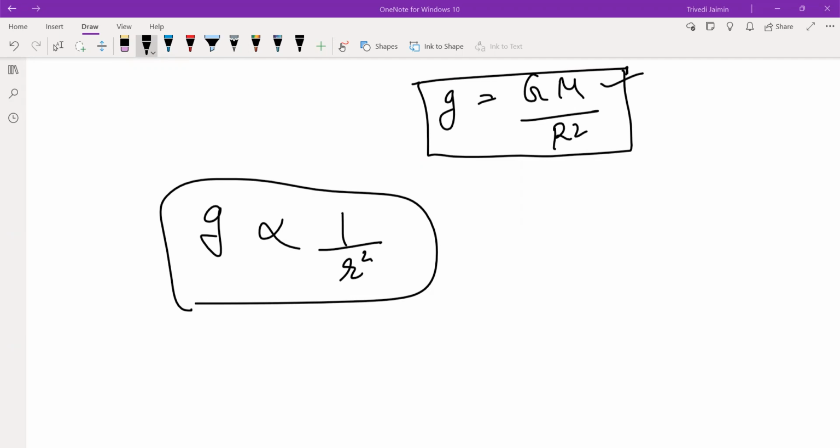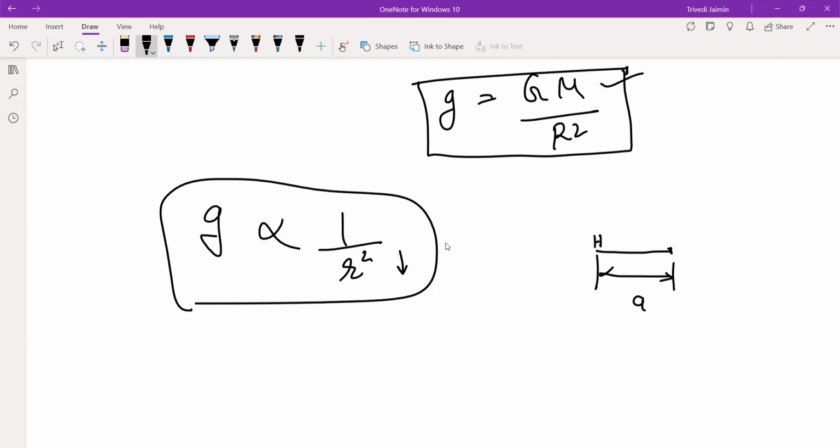Okay. Think again. If this decreases, what is the meaning of this radius? I'm placing an object at the center and this object somewhere else. This radius decreases if I bring this object to the center of the Earth. First case, it was here.